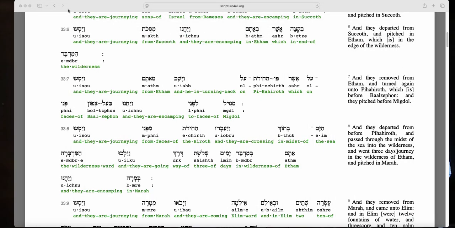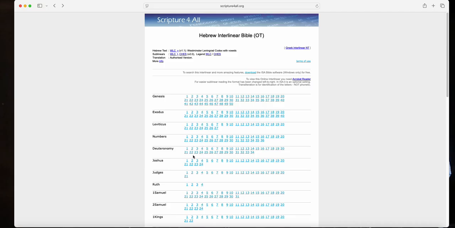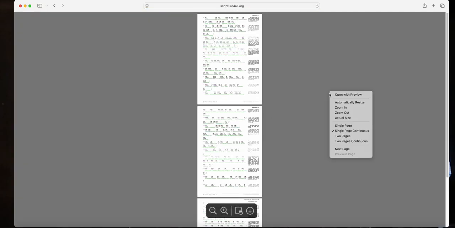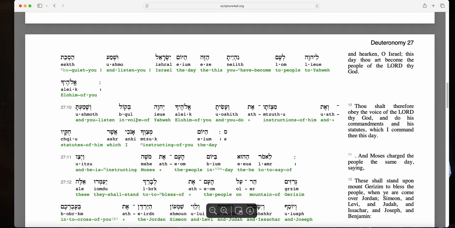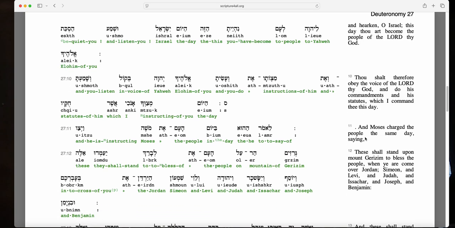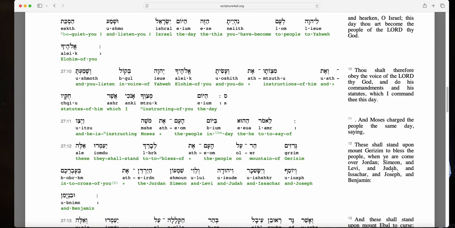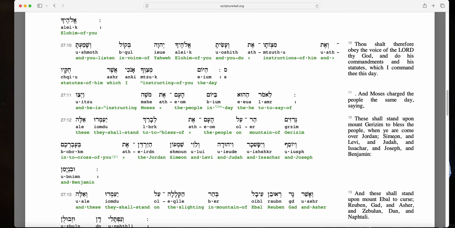You're going to divvy these groups up in Deuteronomy 27 it is. But yeah, this is where it's going to tell you that you're divvying these up. And it's going to be specifically Simeon, Levi. Levi is actually mentioned here. Judah, Issachar, and Joseph, right? And Benjamin. So we've got Joseph, not Ephraim and Manasseh, but Joseph is mentioned, and Levi is mentioned.